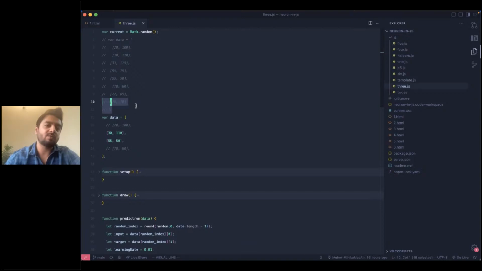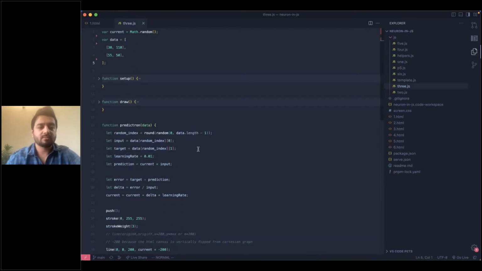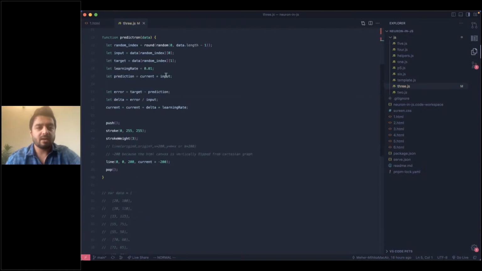Let me just remove all of this. In this, you can see that we have input set as some random value from the data, and target as some random value, again, from the data. Let's ignore the learning rate right now. In terms of prediction, what we were doing with LBs and KGs was taking the current value and multiplying it by input.